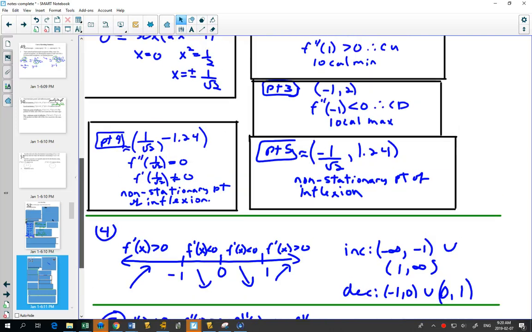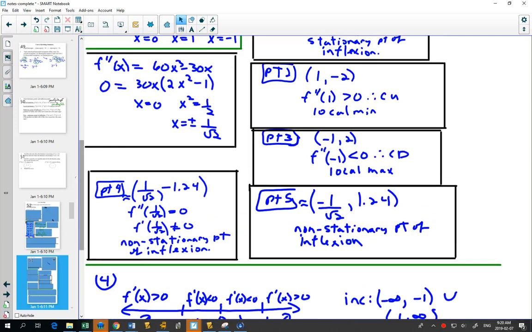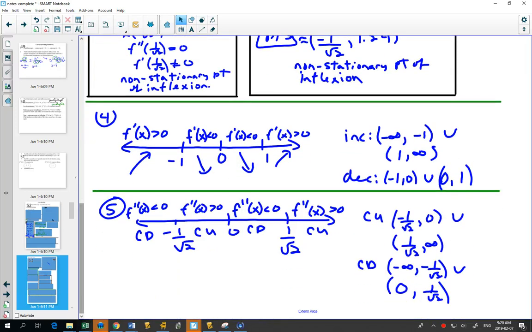Now, the other thing that can show a stationary point of inflection is if the first derivative is 0, and the second derivative changes from concave up to concave down, right? 0 is also a 0 of the second derivative. Then it's a stationary point of inflection.